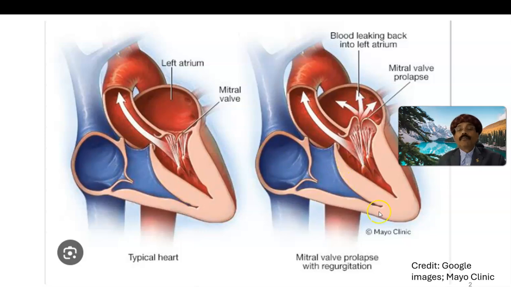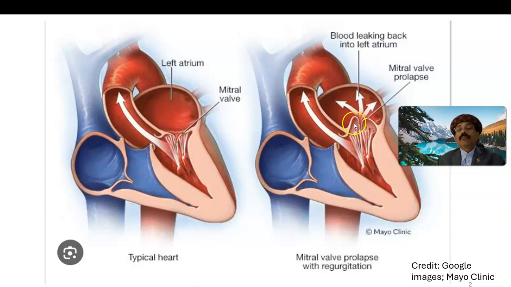But in mitral valve prolapse, what happens? Blood is going to the aorta, but some or a significant amount of blood goes back to the left atrium because the valve cusps or leaflets don't close properly. They have incompetence, so they are not closing during systole.